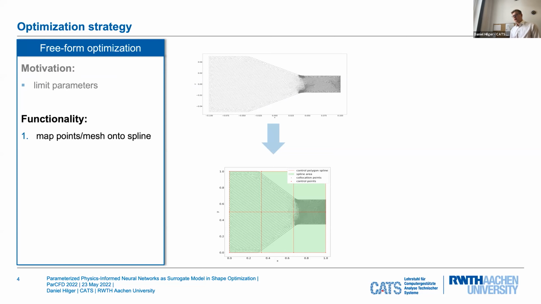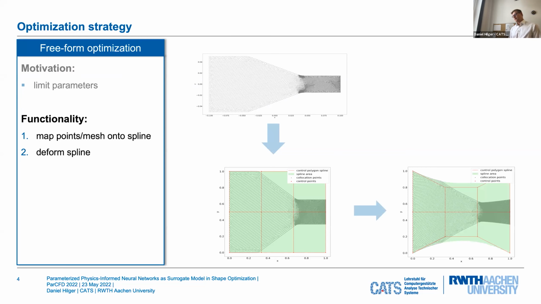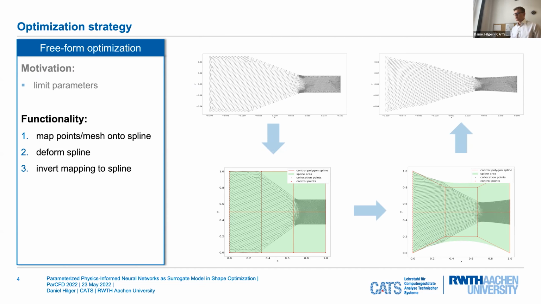We are then able to deform this spline with a limited number of parameters. In this case, it's 2 parameters using some additional symmetry conditions. And we end up with displaced mesh coordinates, or collocation points in our case. Then we invert the mapping to the unit spline to end up with the fully deformed computational domain.